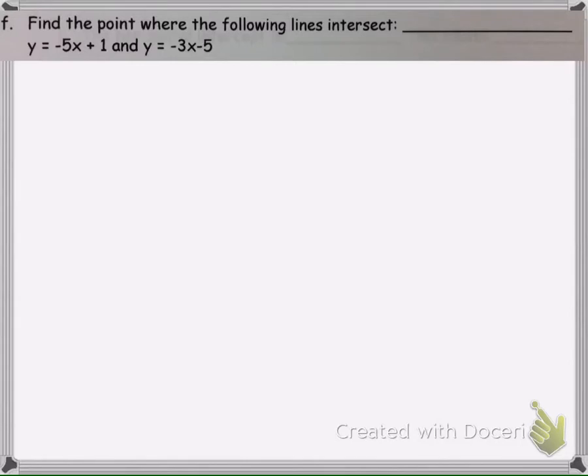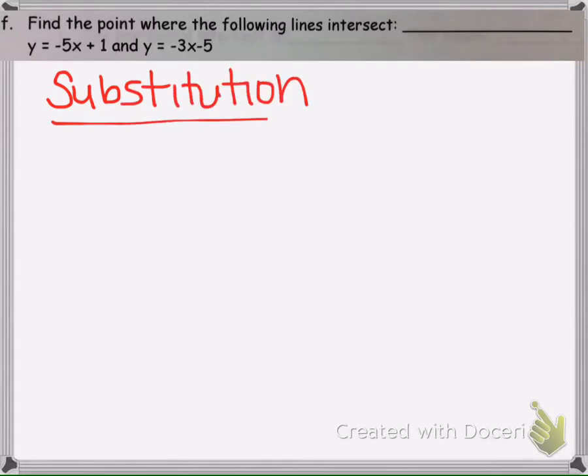So since we weren't given any graph paper, instead of graphing them, I'm going to go ahead and use the substitution method. Substitution requires us to have one of the variables isolated. So I'm going to circle this one, and then I'm going to plug in negative 5x plus 1 for y.